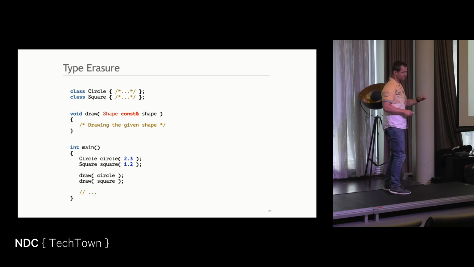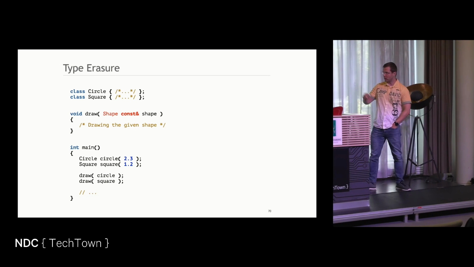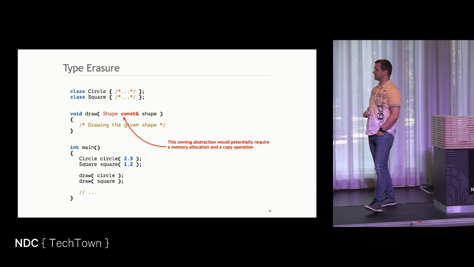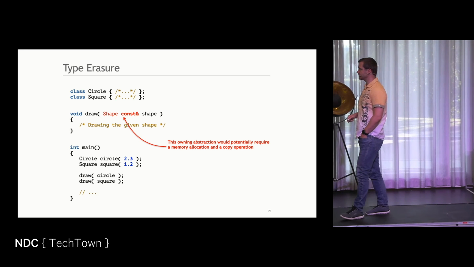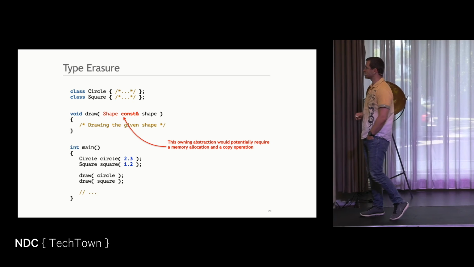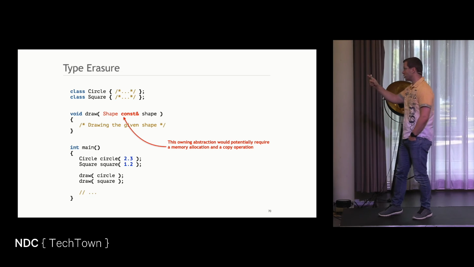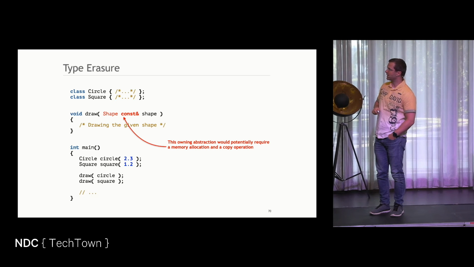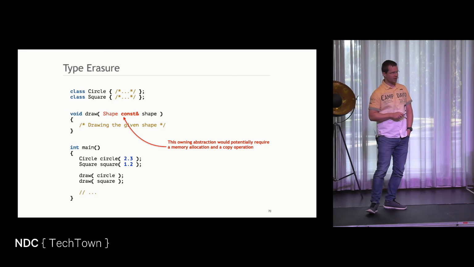But for every call, based on how we now implemented this, you will potentially allocate dynamically. So if you do not use the SBO solution, then this might potentially do an allocation and the copy operation too. So this wrapper might be a little too expensive for what you have in mind.